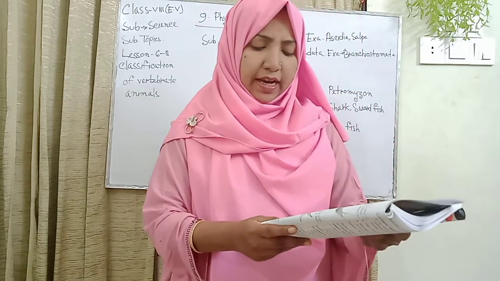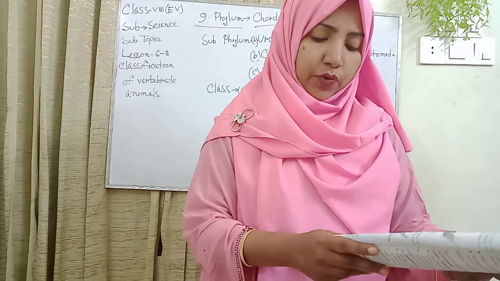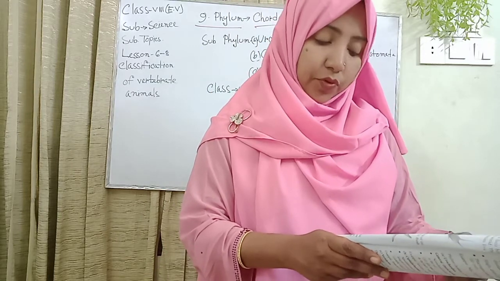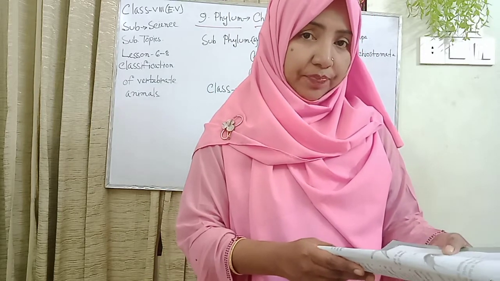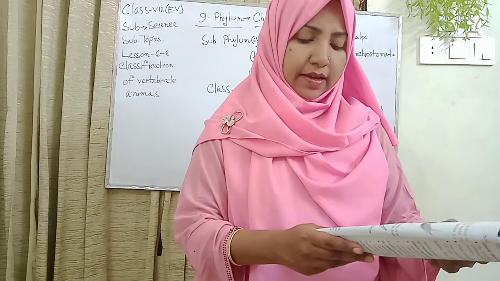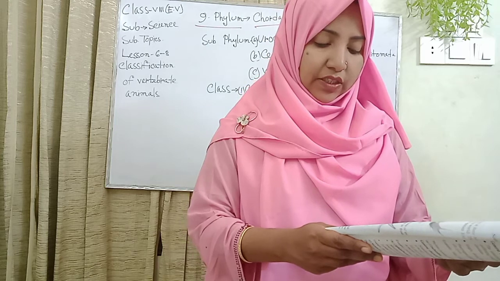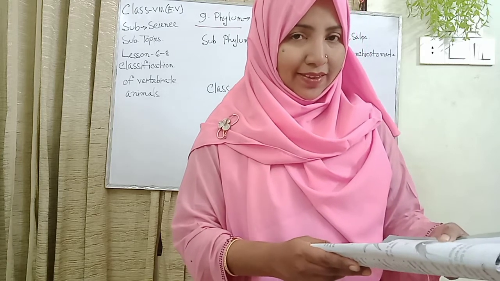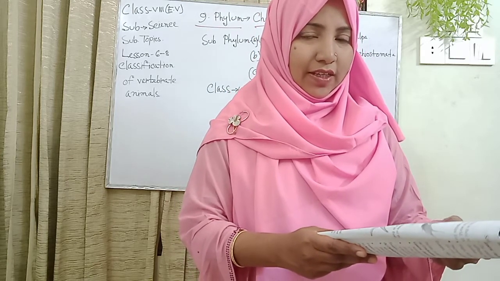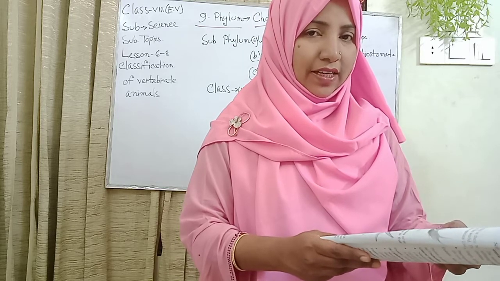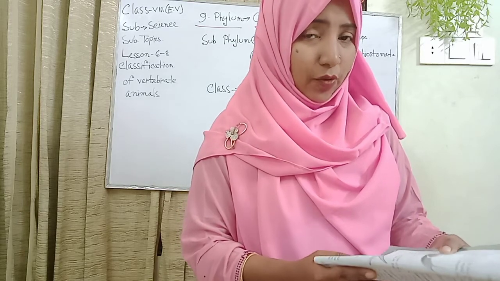Many species are arboreal, desert dwellers, polar, cave dwelling and flying in nature. There are many ectoparasitic chordate species which live on the bodies of other animals. Dear students, you also know that chordates live everywhere in this world.